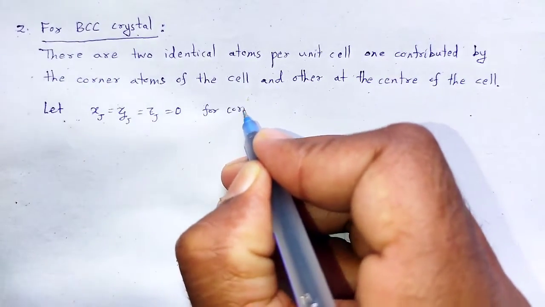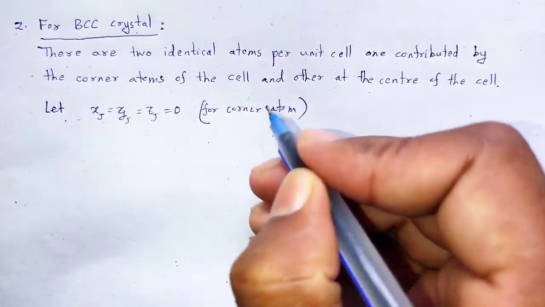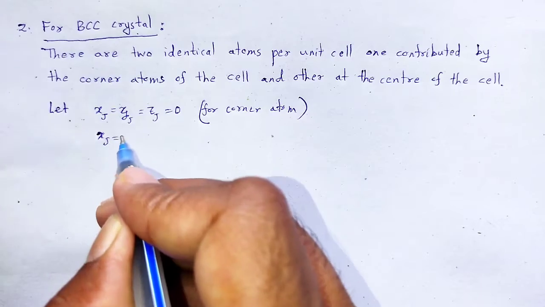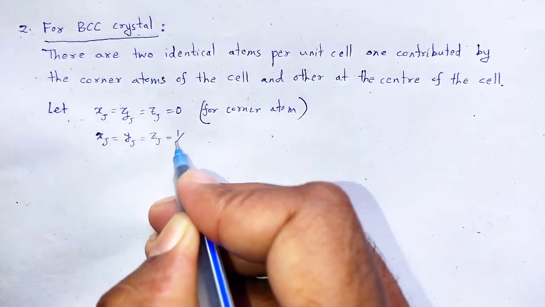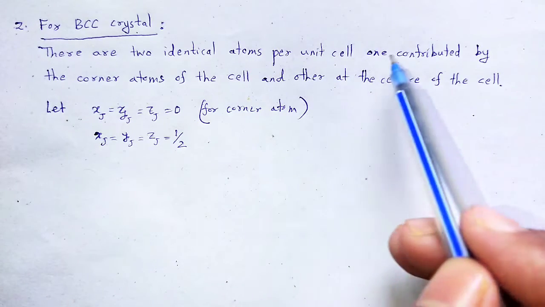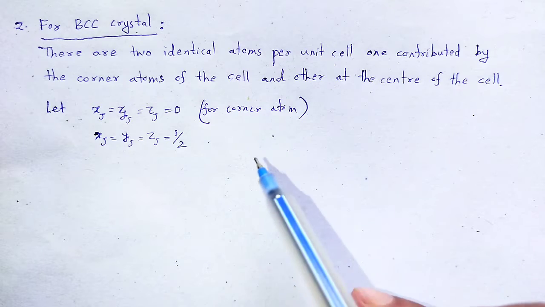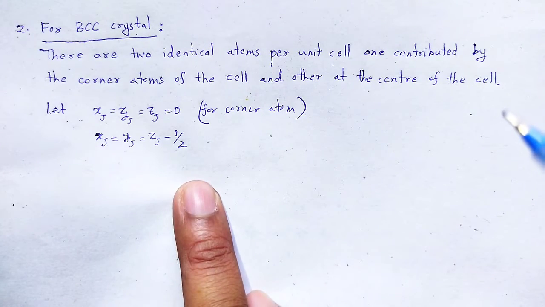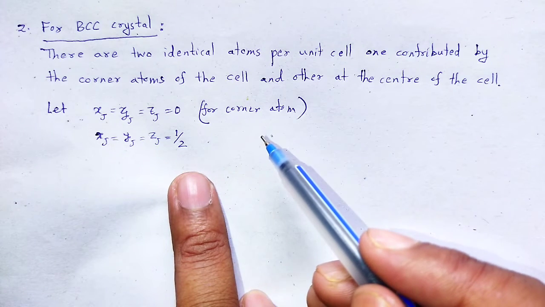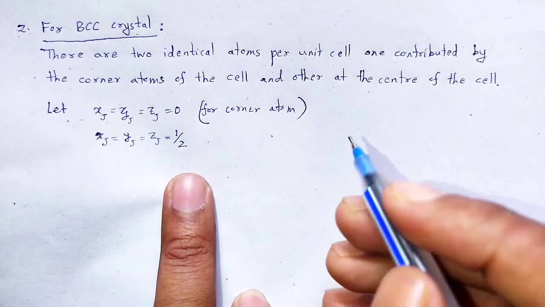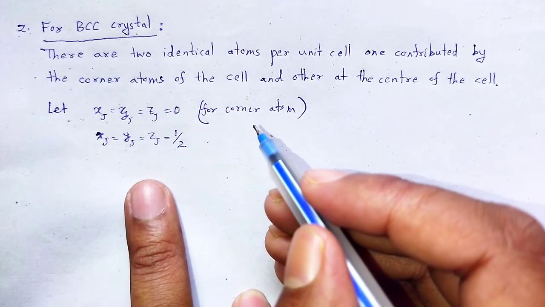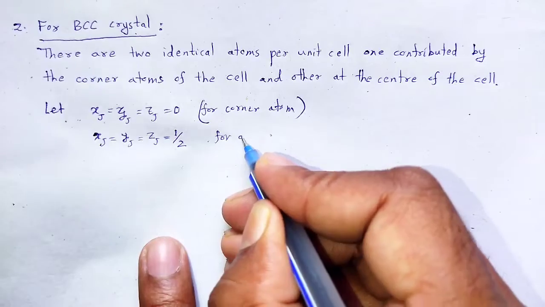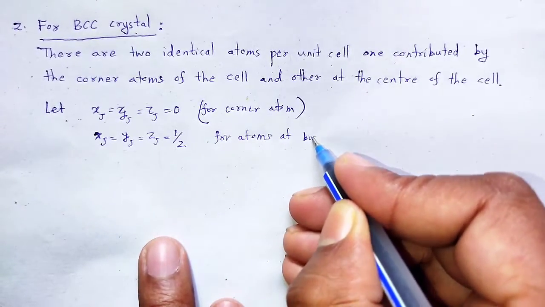And for the atom at the body center, xj, yj and zj are equal to half.